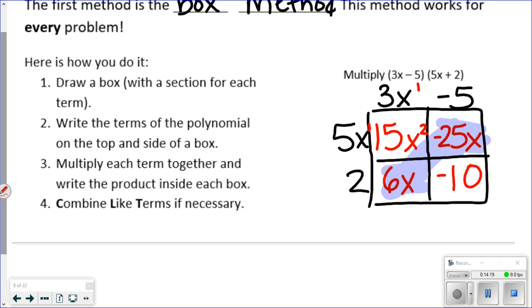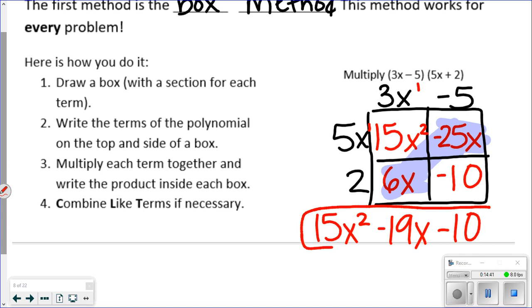I'm going to leave the 15x squared alone because there's nothing to combine it with. But then think, what is 6 minus 25x? Or -25x plus 6? We get -19x. And then lastly, I have -10 at the end. That's my constant term, and there's nothing to combine it with.